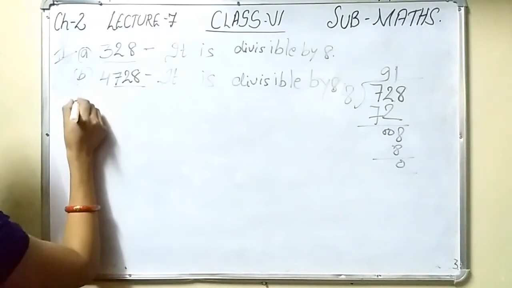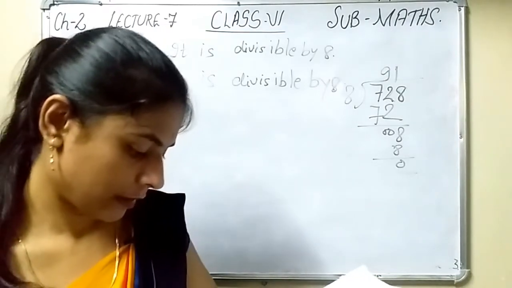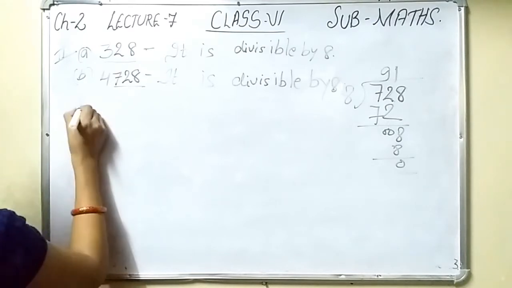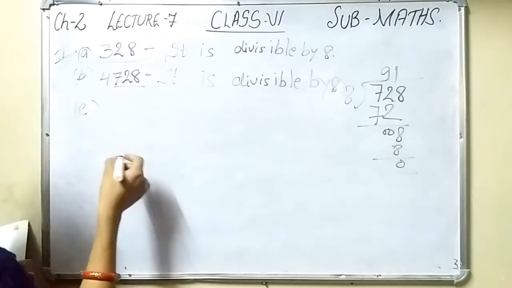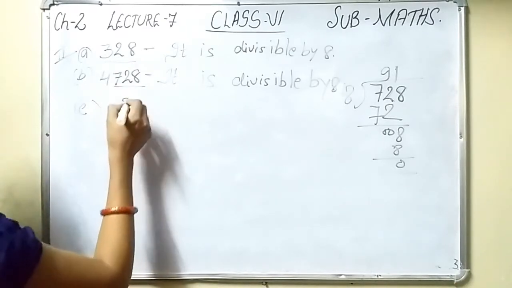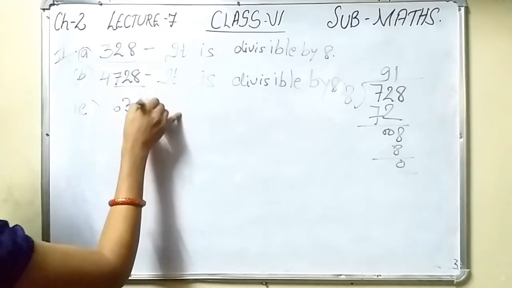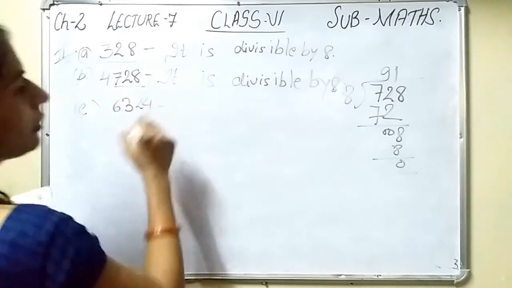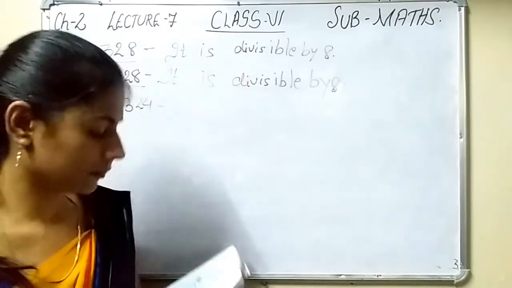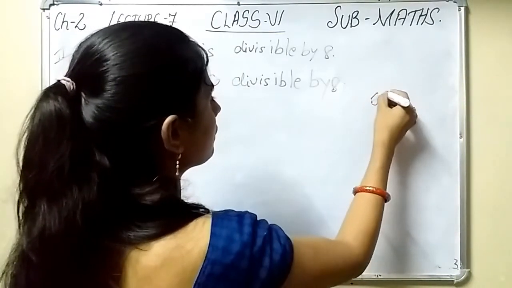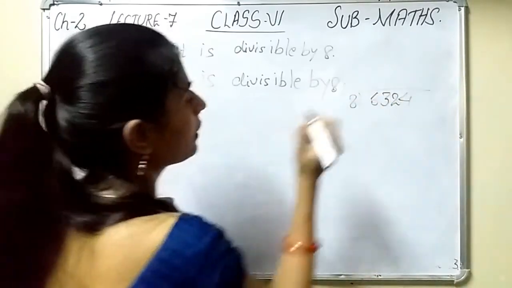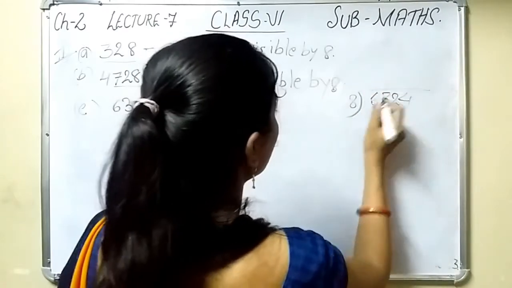Okay. Now see question number E. 6, 3, 2, 4. Now divide it. 6, 3, 2, 4 divided by 8. 8 1s are 8.